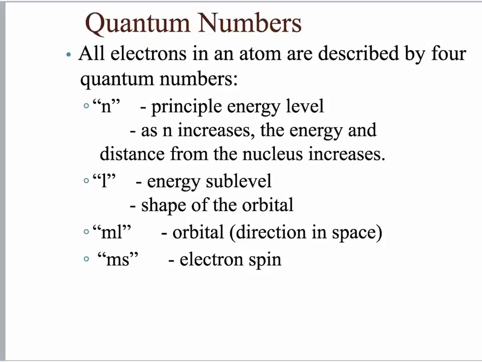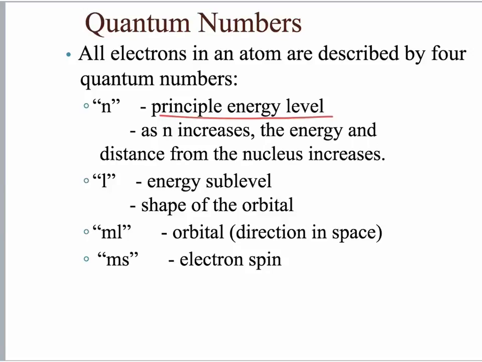Quantum numbers. I've been using this word in class, quantum theory. We learned what a quanta was, but quantum numbers are a little bit tricky. They're nothing like anything you've ever done before. All electrons, and again, we're talking about the last electron, are described by four quantum numbers. N is the principal energy level. As N increases, the energy and the distance from the nucleus increase.